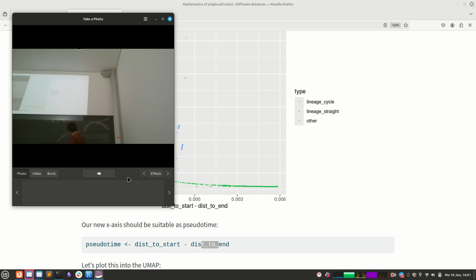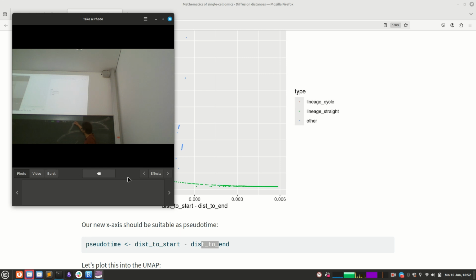What you will get is something like this, where this branch here is that part, this branch here is that part, and this extra branch is that part. And you can quite easily read off the branching part and hence tell each cell whether it's in this lineage or that lineage. So this also helps you to determine whether a cell goes to one branch or to another.